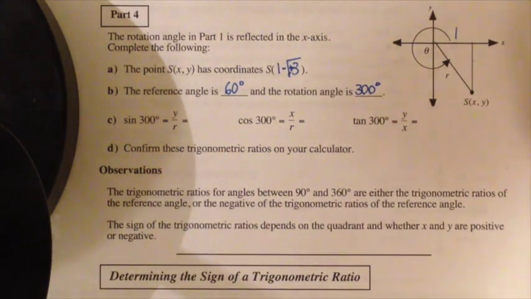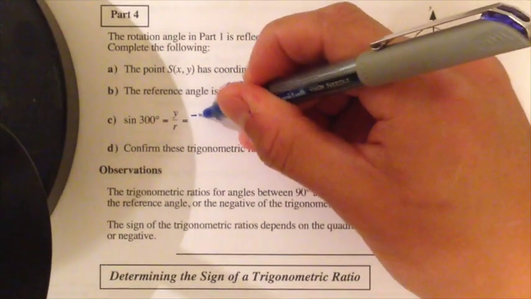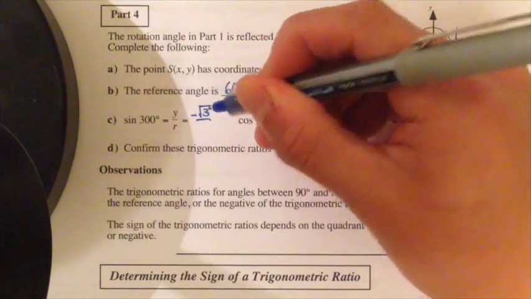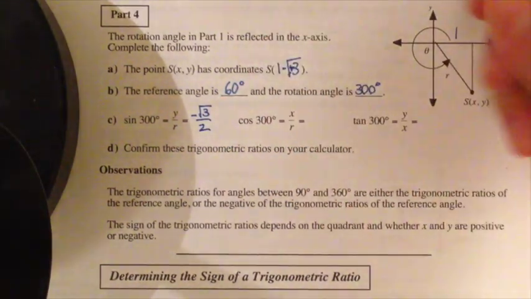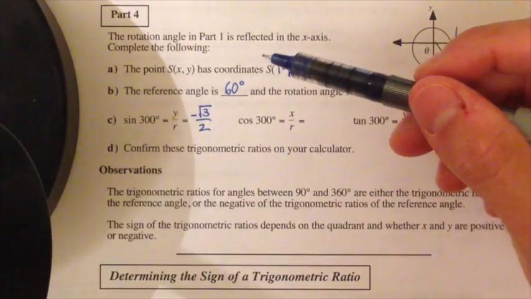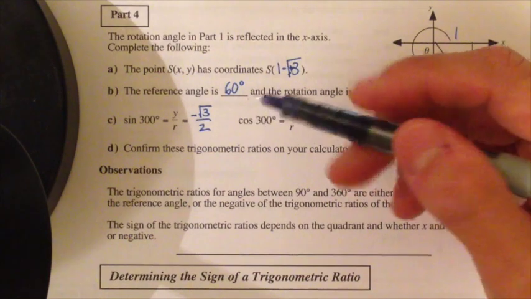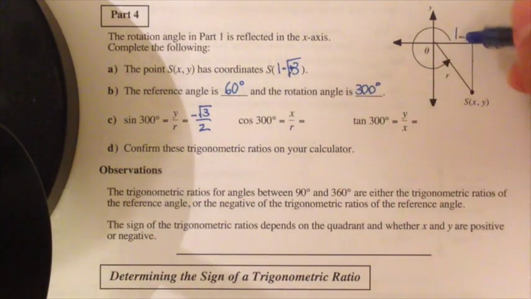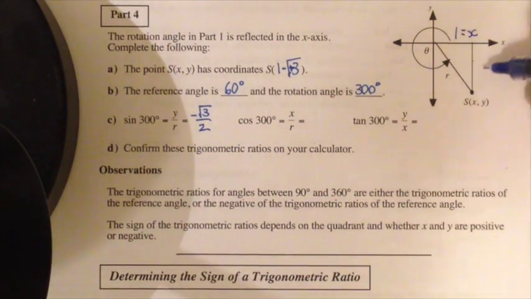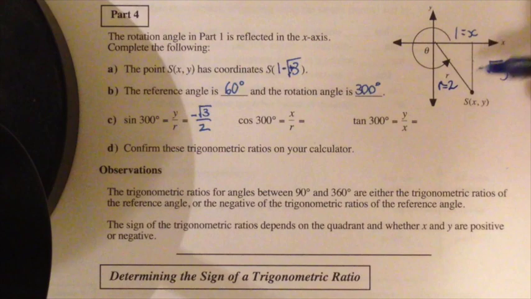Now we need to list our trig ratios again, which is going to be negative rad 3 over 2. Now again, I'm using my rules of opposite over hypotenuse, adjacent over hypotenuse, and opposite over adjacent, but rather I'm filling in my x's, my y's, and my r's.